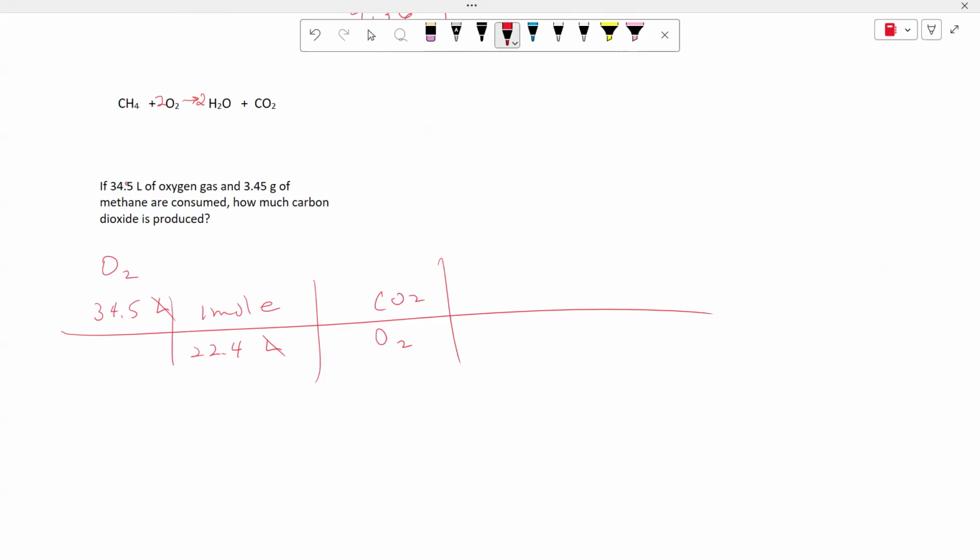We need the ratio from the balanced equation. And then we need carbon dioxide, and that was 44.0. Okay, so that's our first calculation.